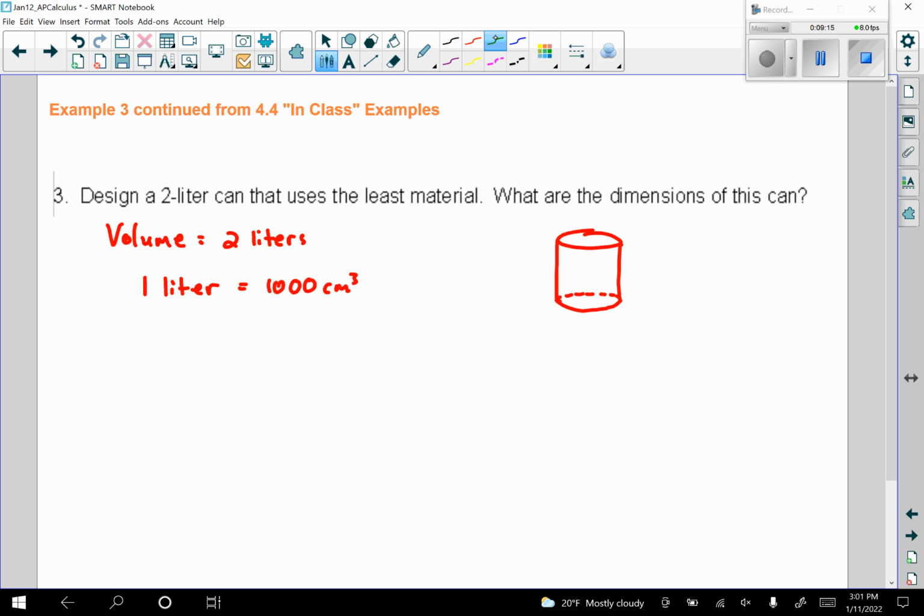Since we're given the volume, we need to know the formula for volume of a cylindrical can. Overall volume is just equal to the area of the base, that's why we always use a capital B, times H. And our base is a circle. So our volume is equal to pi r squared times our height. So here's our radius, r, and then our height would be right here.